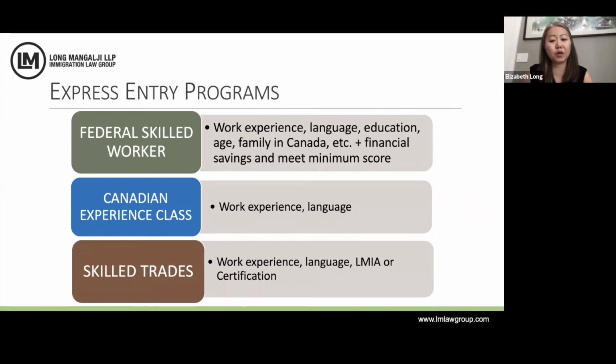Also skilled trades as well. Now skilled trades we don't do as often for students because you will likely qualify under other categories. Skilled trades means you have to have an LMIA or provincial certification in order to qualify under one of the specified trades. So it would be normally the construction trades or chefs or cooks, okay?